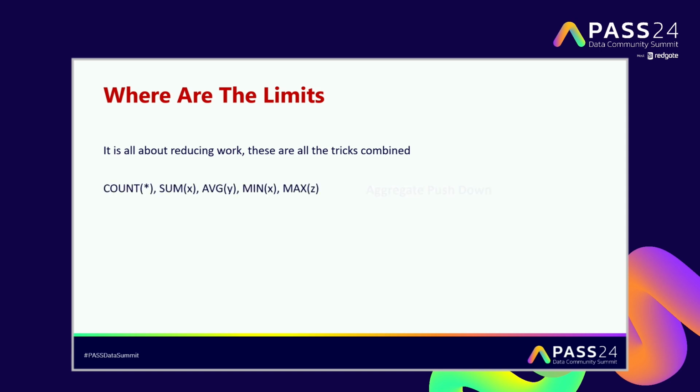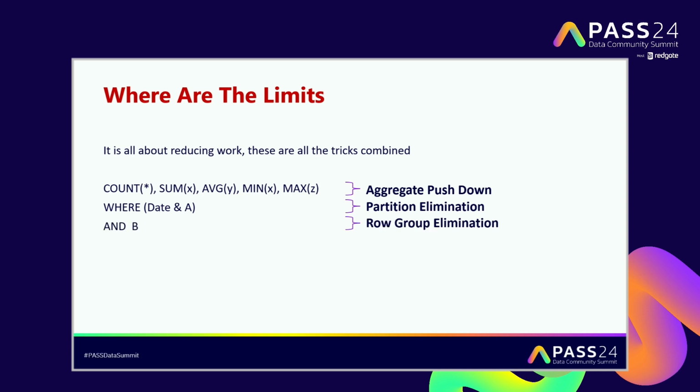So that's my summary. You can do count, sum, average, min, max. This all can be an aggregate push down. You have a date and one column that we push together in the partition key, and some other column that we did with row group elimination, and C, where data is random, but we push down the filter.